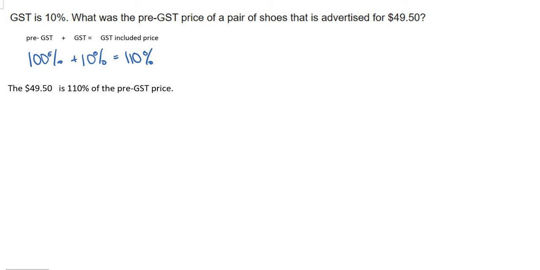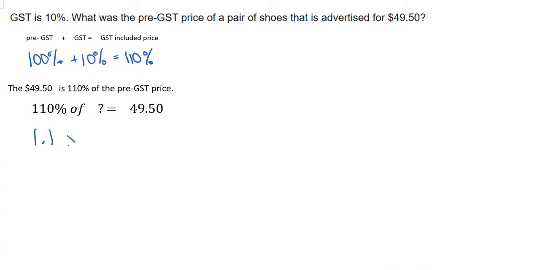So what this means is that the $49.50 is 110% of the pre-GST price. Another way of thinking about this is 100% of our unknown price is $49.50. So to work that out, we know that to find 110% of something, we can multiply it by 1.1 because 110% is the same as 1.1.